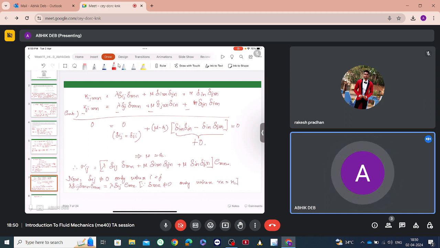So only when m is equal to n, this term will exist. Otherwise, this will turn to 0.